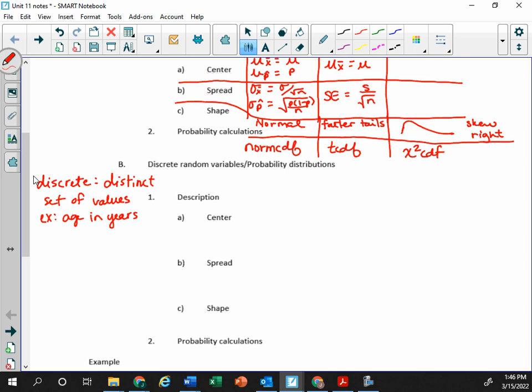So with age, you're not going to define that as being continuous. You're going to say, oh, you're 17, you're 18, you're 60, whatever age you are, okay? You're not going to say, I am 17 years, 82 days, 17 hours, you're not going to break it down into such small information, okay? It's going to be a distinct set of values.